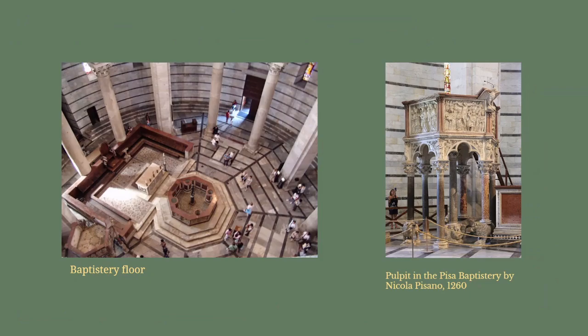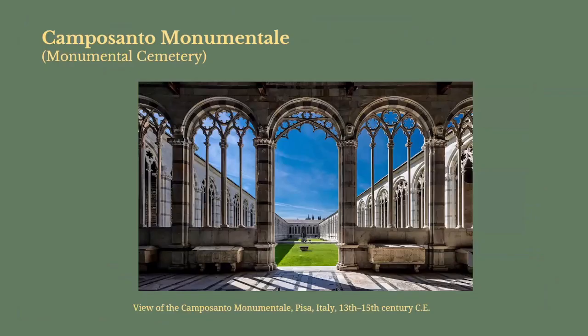And here is finally the Camposanto Monumentale, Pisa's monumental cemetery, which completes this sacred space, built with marble and featuring a large central courtyard. It houses some of the most significant frescoes of the medieval period, including the Triumph of Death.